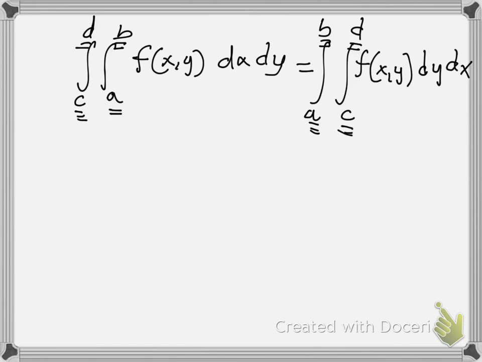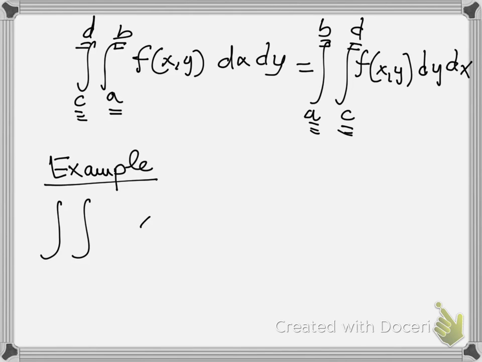So let's do an example. Let's say you have xy squared dx dy. Let's say your x is between 0 and 1, and y is between 0 and 2.